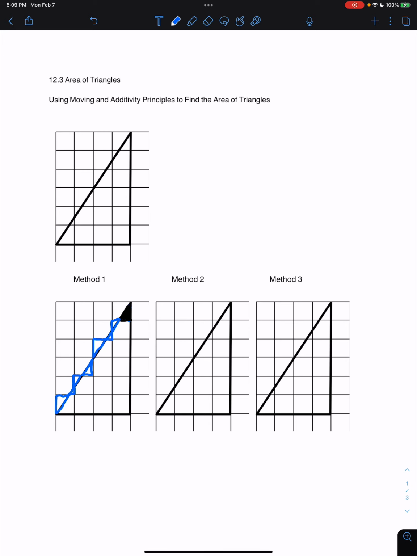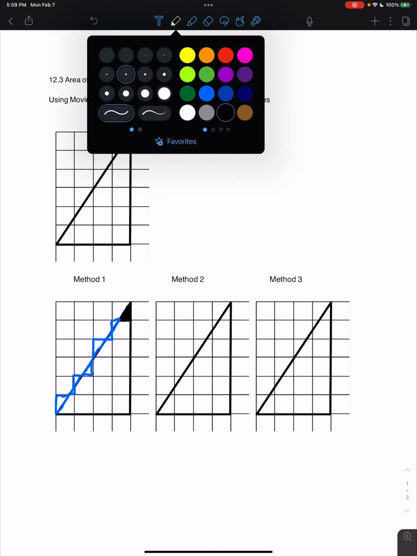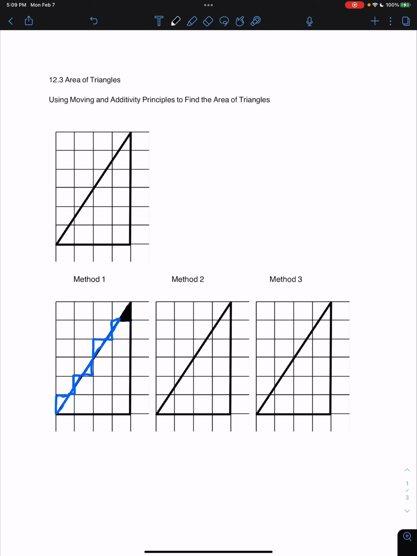So now let's see what I've gotten rid of. I've gotten rid of this piece. I've gotten rid of this piece. And I've gotten rid of this piece. And now I've made these whole squares.